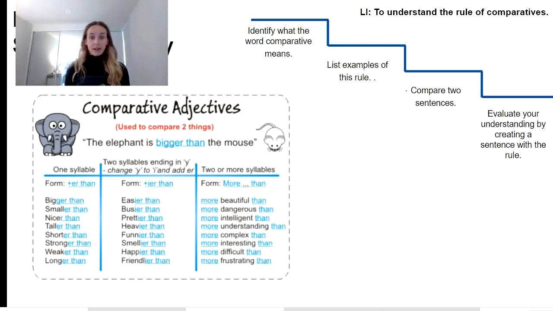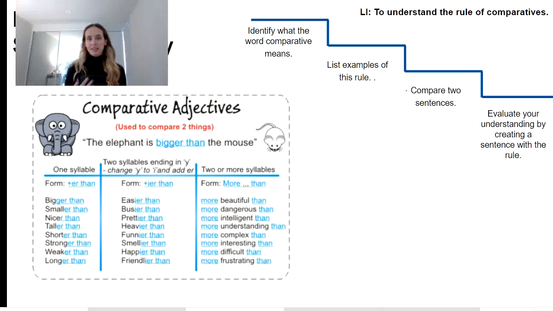Now, if the adjective ends with a y, such as easy, E-A-S-Y, in order to turn this into a comparative adjective, we remove the y and we add I-E-R instead. So it's the same sound: easier, busier, prettier, heavier, funnier, and so forth.